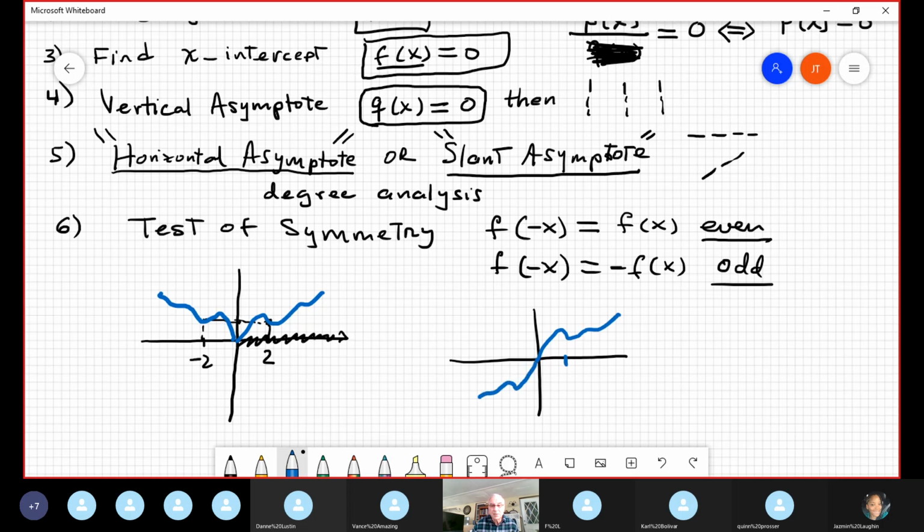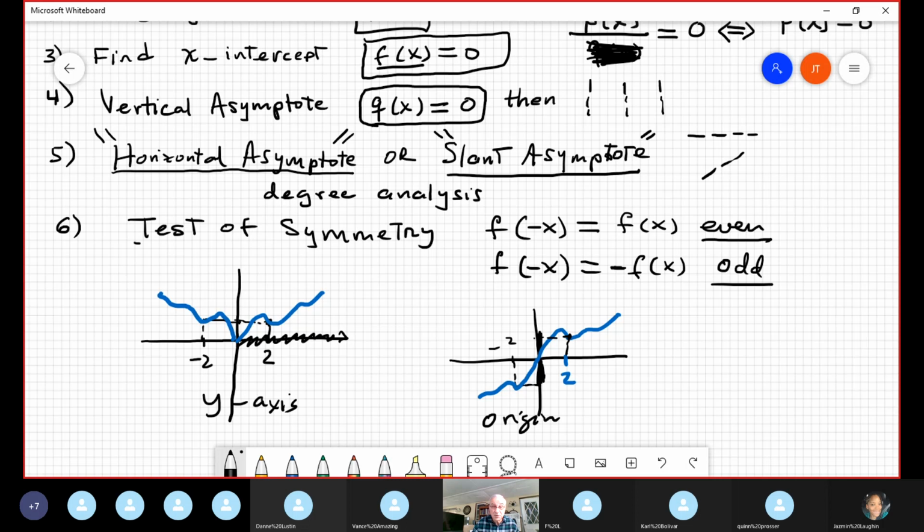Okay, so you take, for example, the point 2, and you get one specific value, in this case positive, and at -2, we have exactly the same, but the actual value is opposite. So this distance and this distance are the same, but opposite sign. This is symmetry with respect to the y-axis, and this is symmetry with respect to the origin.